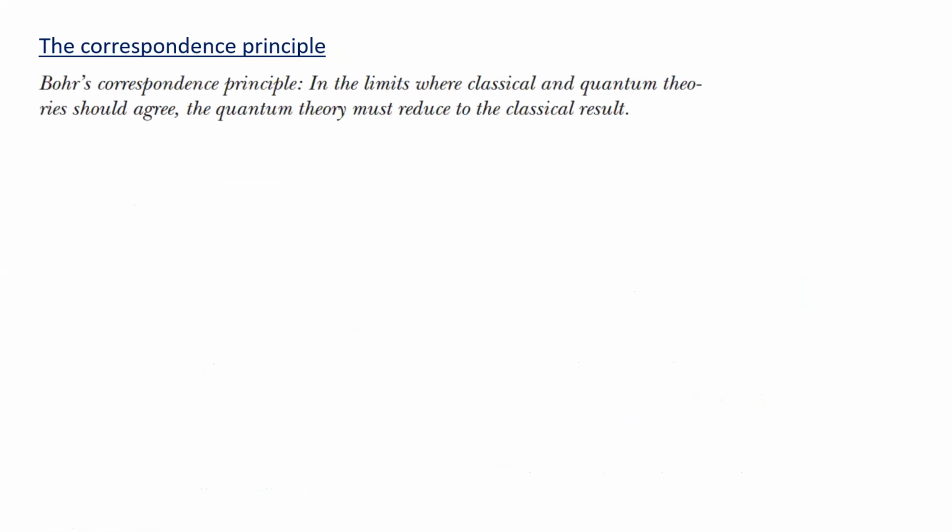Okay, so the Bohr model has some quantum principles and one classical principle in it. It's kind of a mixture. But Bohr thought that any new theory of the atom should obey what is called the correspondence principle. As he stated it, in the limits where classical and quantum theories should agree, the quantum theory must reduce to the classical result. And that's true because when we look around us in the world today, we don't see these quantum effects.